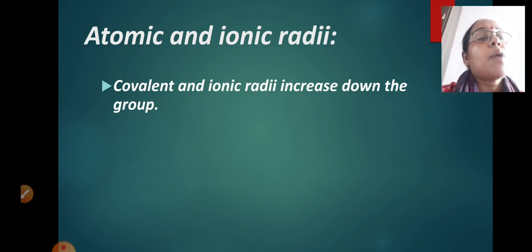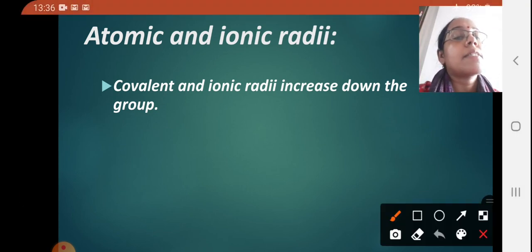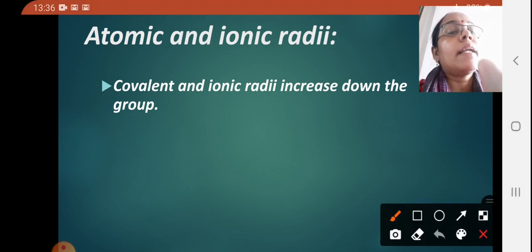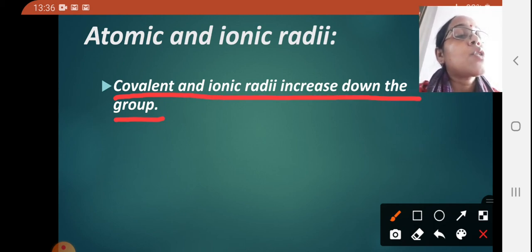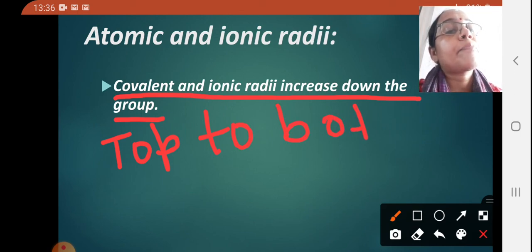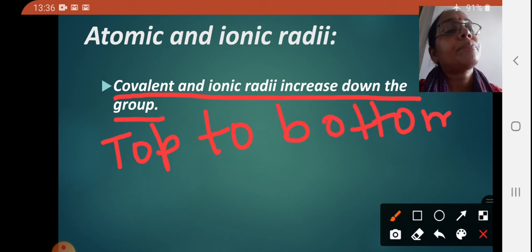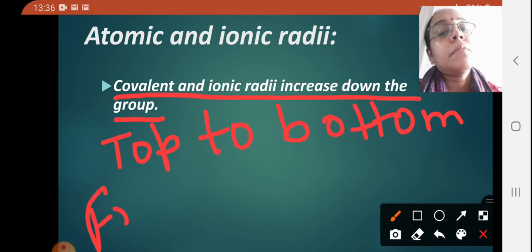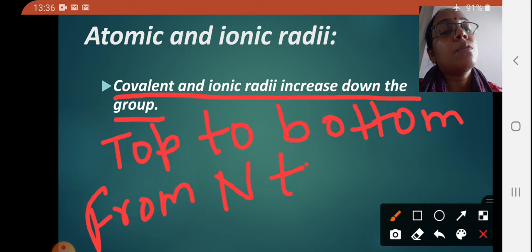So the first point which I have mentioned here, you can see, is covalent and ionic radii increase down the group. That means as you go from top to bottom, that means from N, nitrogen, to bismuth.